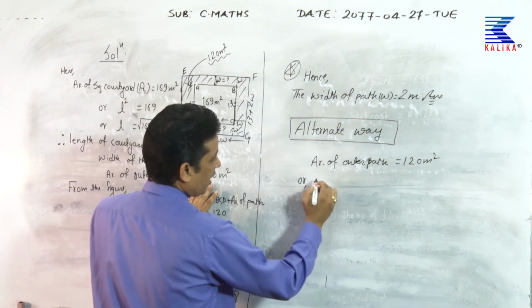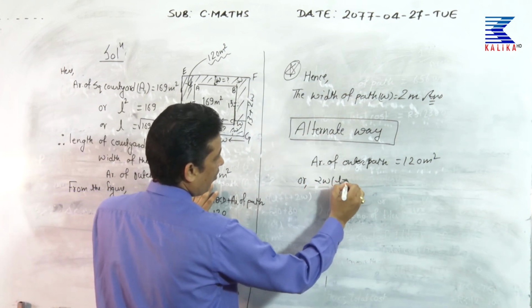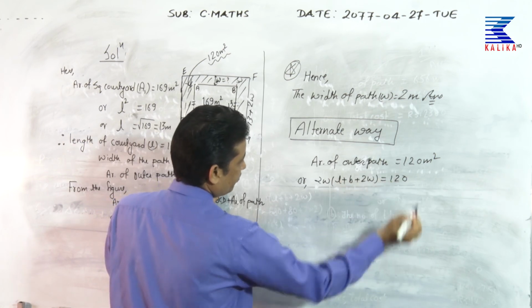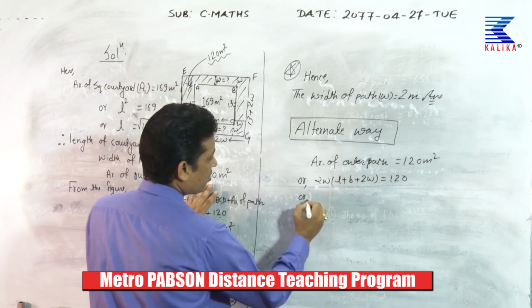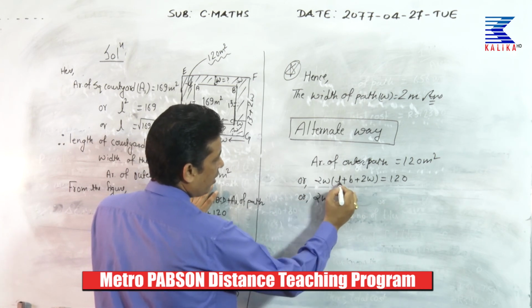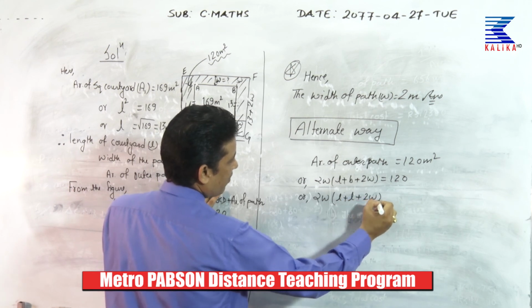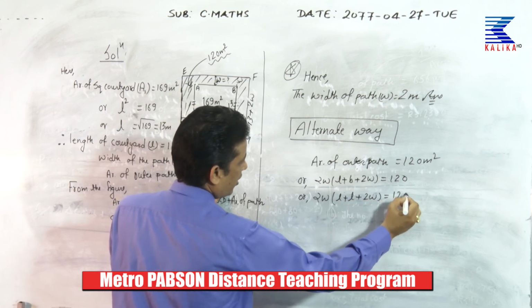Area of outer path is 2W times (L plus B plus 2W) equal to 120. As it is the case of a square courtyard, L should be L, B should be L, because both are the same, is equal to 120.